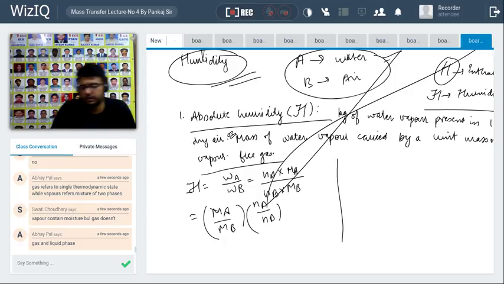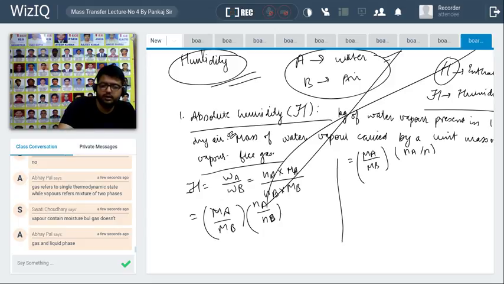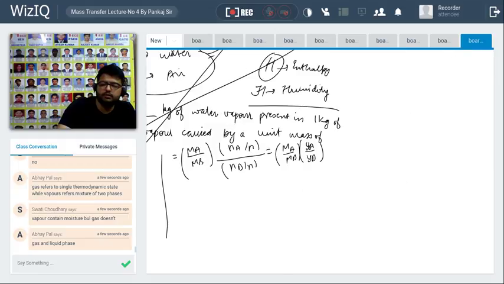So divide both numerator and denominator by the total number of moles. We get Ma over Mb into Na over N upon Nb over N. Now number of moles divided by number of moles gives Ma over Mb into Ya over Yb.